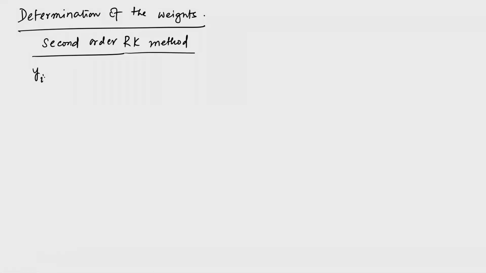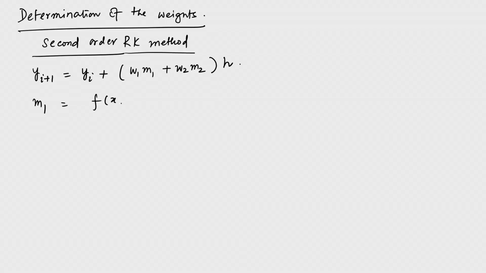So, one has y_{i+1} equal to y_i plus (w1 m1 plus w2 m2) h. Okay. And that is the two slopes at the 2 points that we have decided to compute. m1 is easy, which is just the given problem itself, that is your y prime, which is nothing but f(x_i, y_i), that is at the initial point.